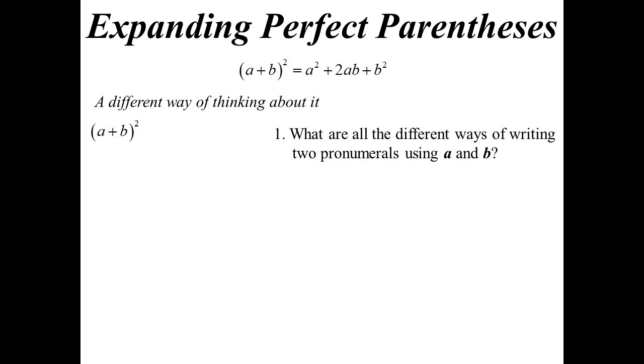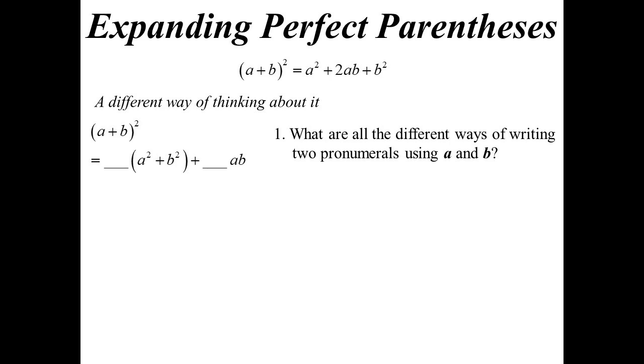What are the different ways we could write 2 pronumerals, but the only letters I'm allowed to use are a and b? I could have a^2. If you think of it as a times a, there's 2 pronumerals. I could have b^2, b times b. The only other possibility is I could have an a and a b.